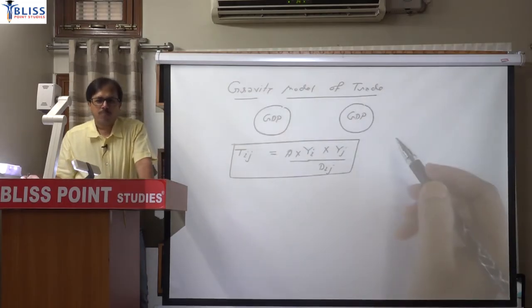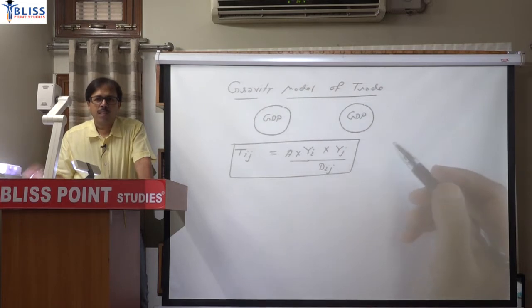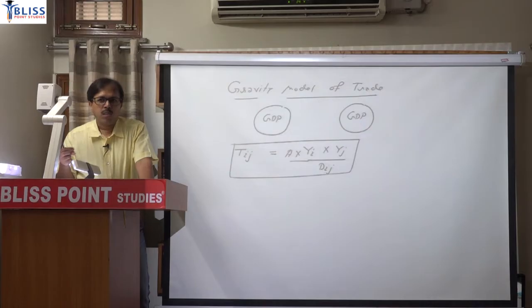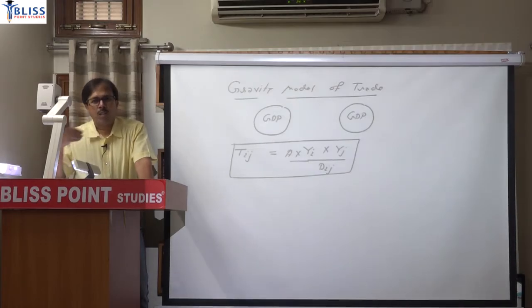But it fails to explain that part, and it does not take into account other considerations of trade also. It is not simply that trade depends merely on cost. Take the trade between, let us say, India and China. Trade between India and China is large, but if there are some non-economic issues like a border dispute, and because of that we are importing less from China, then we can say that this gravity model is not holding, because it is not taking into account those considerations.